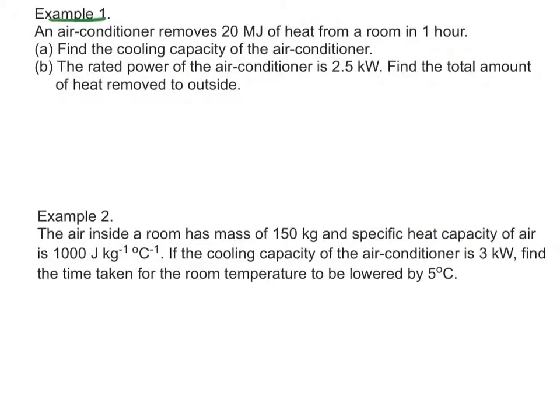Example 1. An air conditioner removes 20 megajoules of heat from a room in 1 hour. Part A. Find the cooling capacity of the air conditioner.